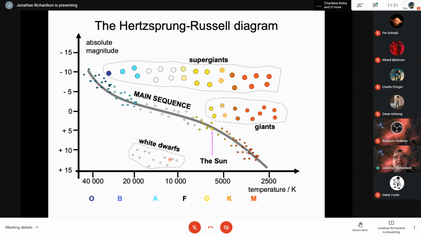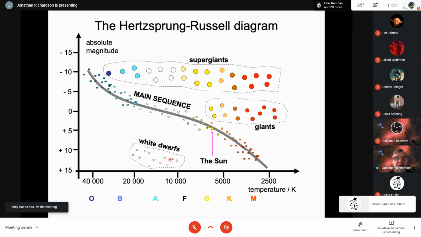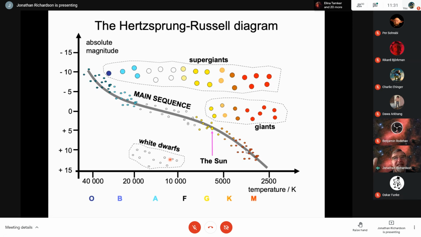So we find the white dwarfs, which are the areas where the stars are much hotter, but they are much, much smaller. So hence they've gone from giants to dwarfs. So they're much smaller than their original size, which means these stars now reduce their visibility. Their magnitude goes down as well.